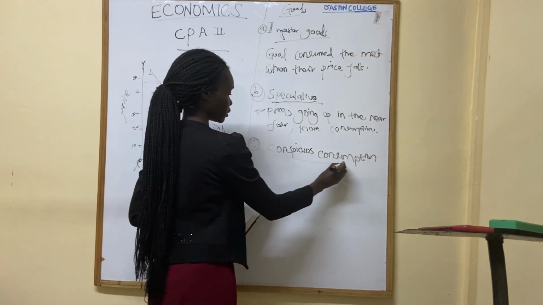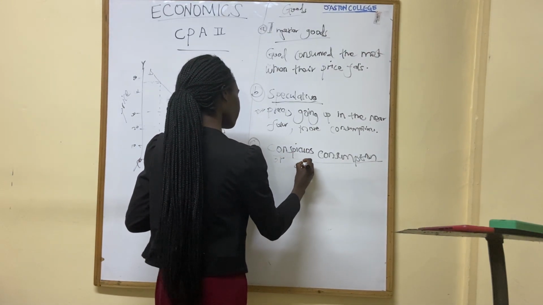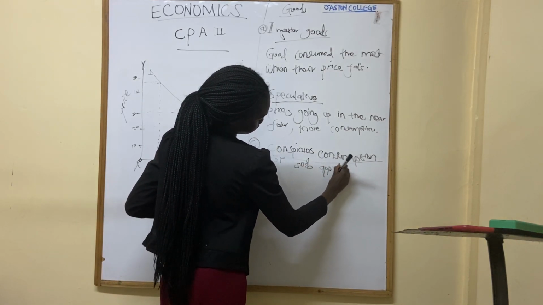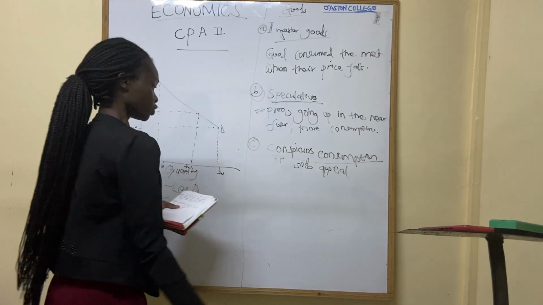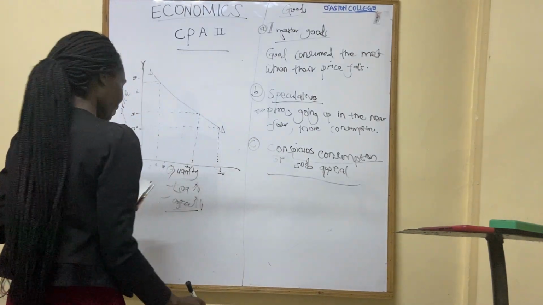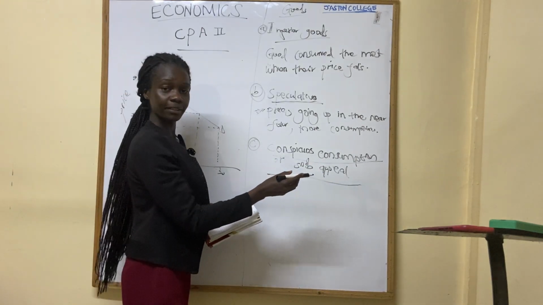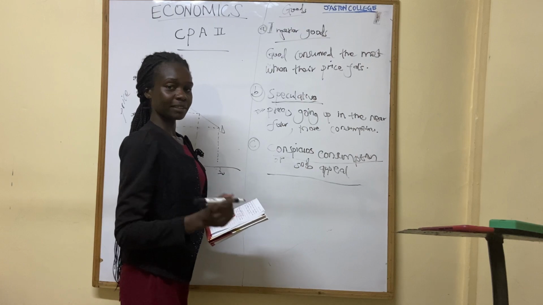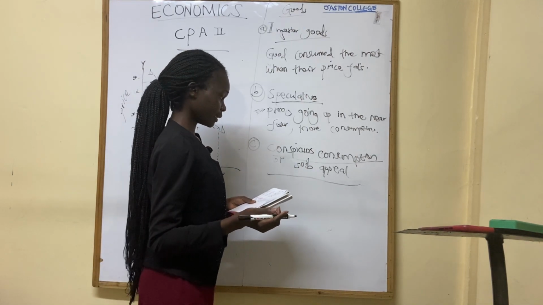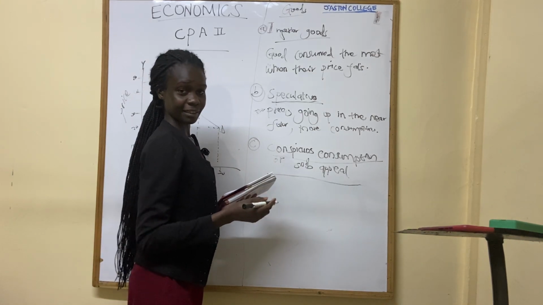We call it conspicuous consumption or snob appeal. Conspicuous consumption goods are goods that when their prices are high, they are likely to be more demanded rather than when their prices are low.